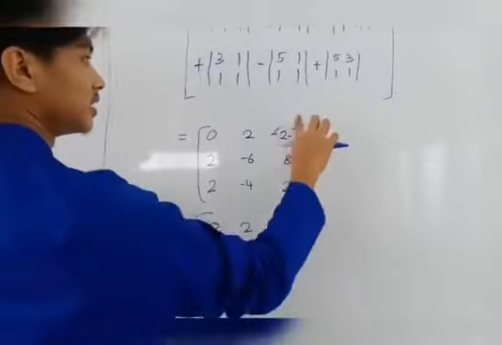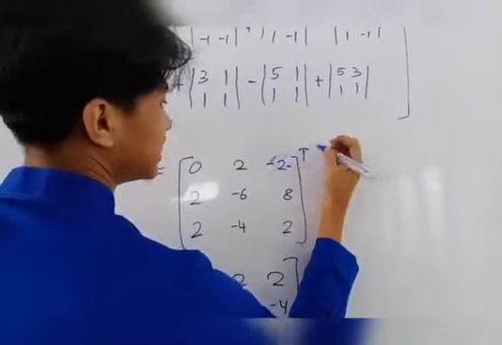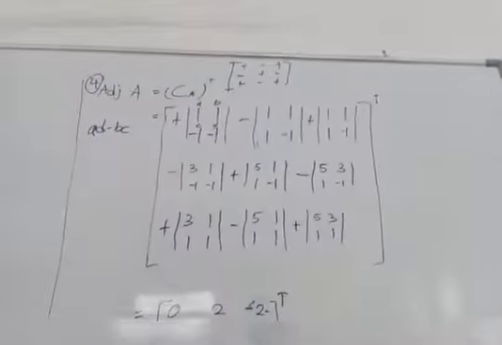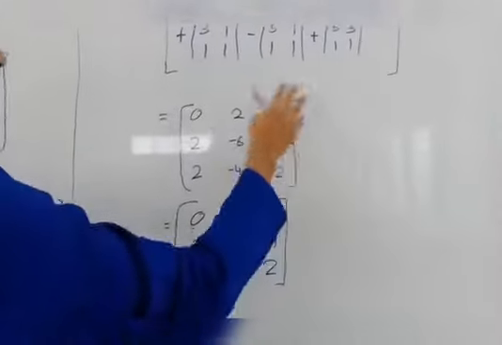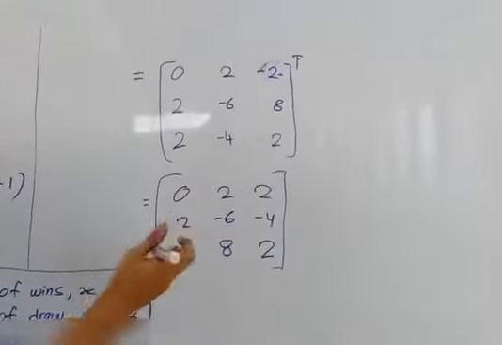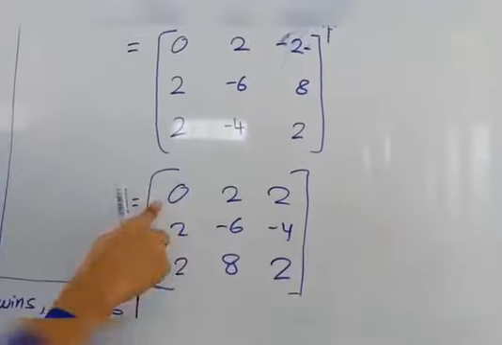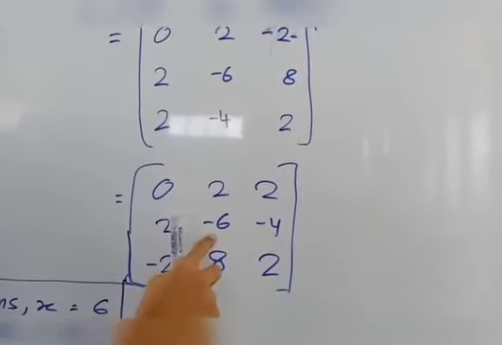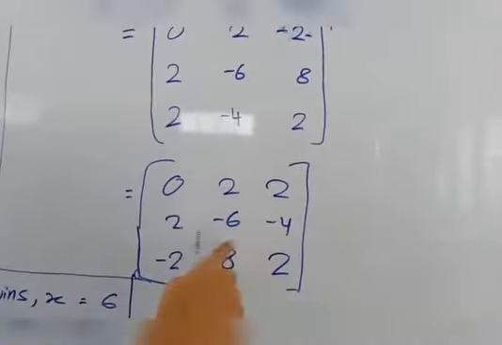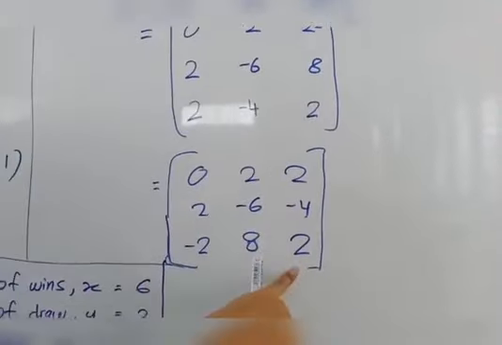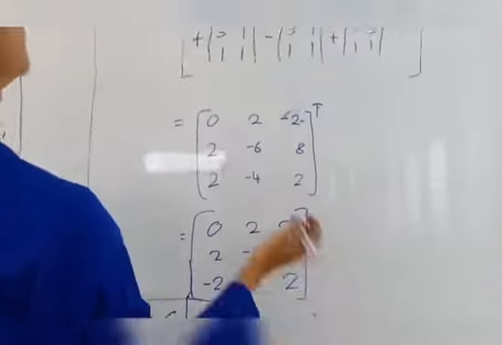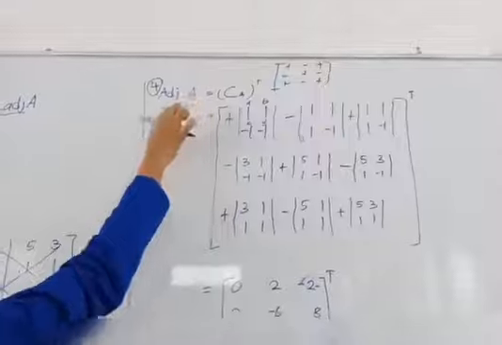We must not forget the transpose. If we transpose, we will get 0, 2, 2, negative 2, negative 4, negative 2, 8, and 2. So we have the adjoint of A.